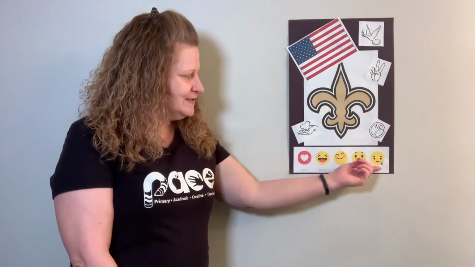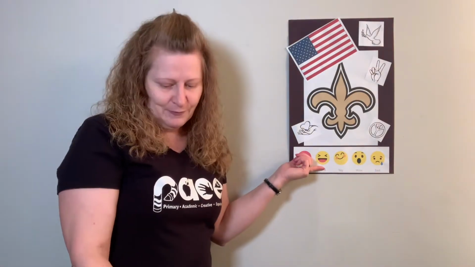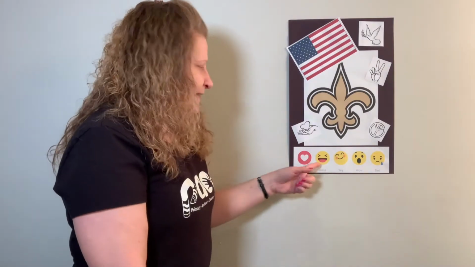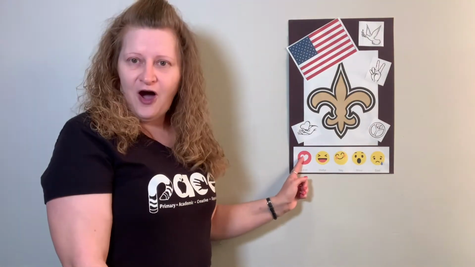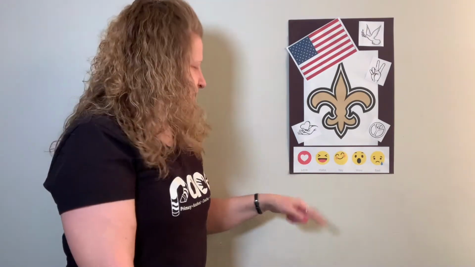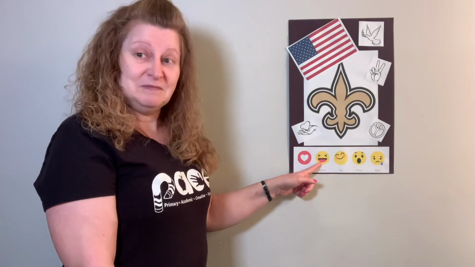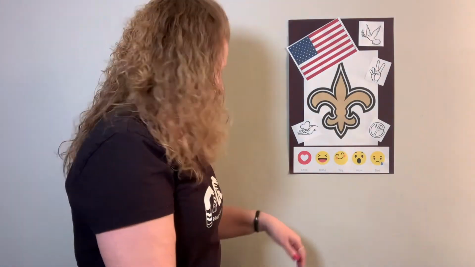Now, I want to go down to the bottom right here. These are some symbols that are kind of new, but symbols that I'm pretty sure you use or have heard of. These are called emoticons. They are symbols. When we see this heart symbol, it tells us, I love that. When we see this little face symbol, it's like, ha ha ha, we're laughing, right?